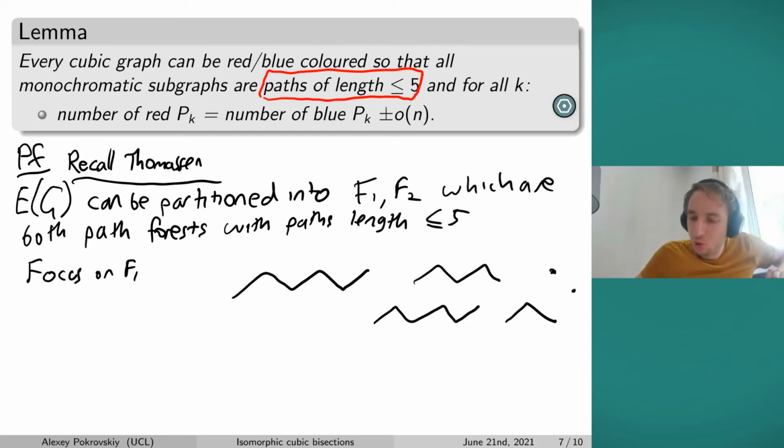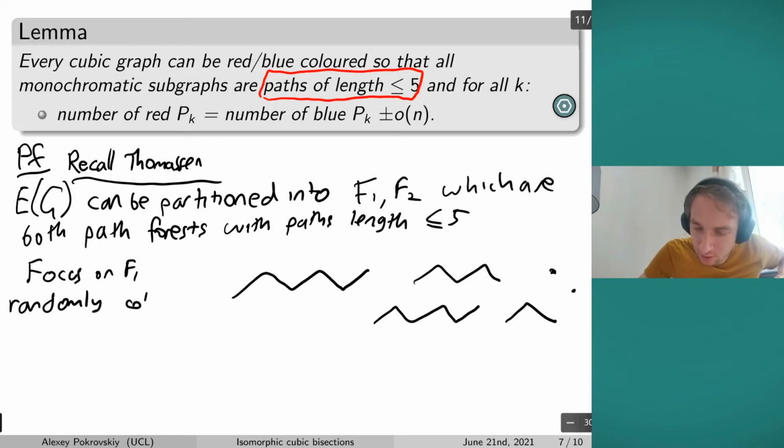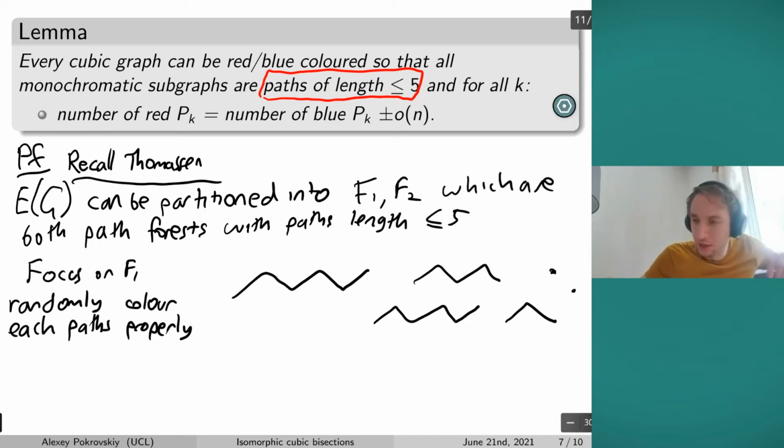Right. So we'll now randomly color the vertices of the graph. So randomly color each of these paths properly, meaning we give each path a proper coloring, meaning just that the edges get different colors.